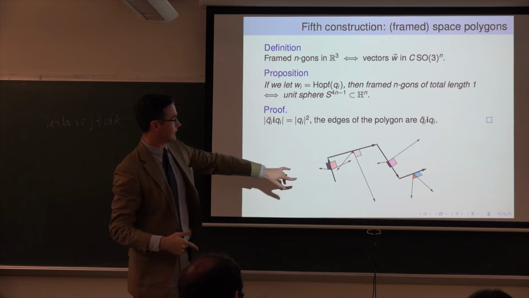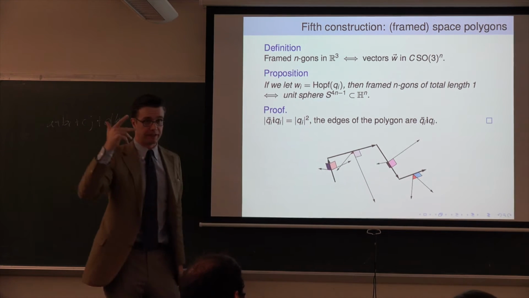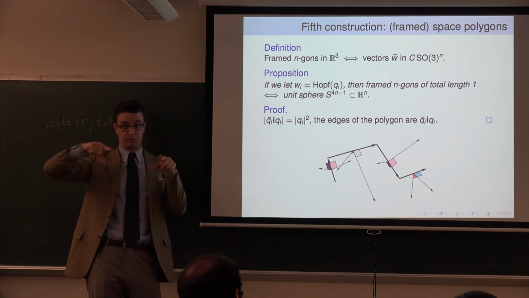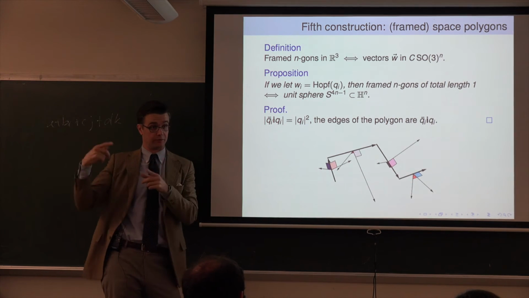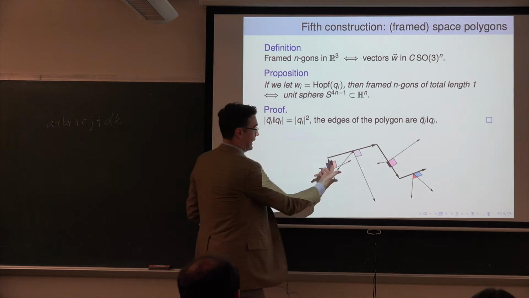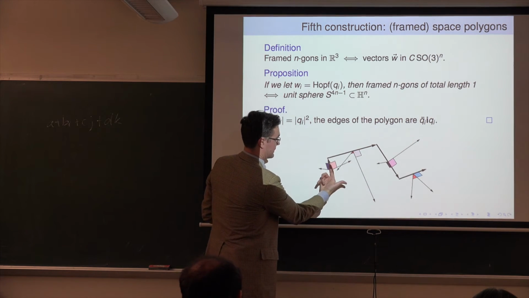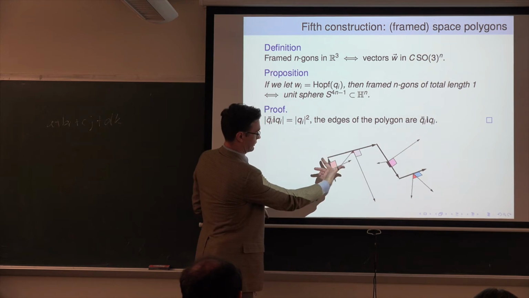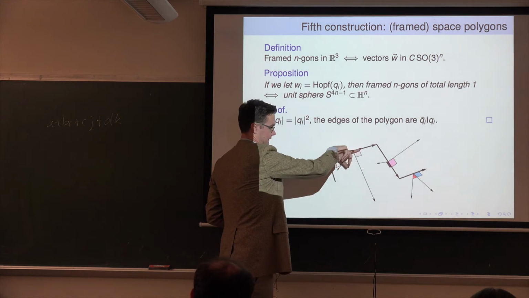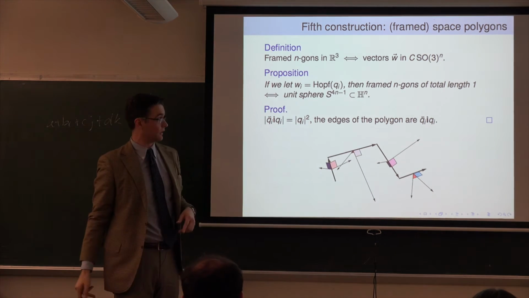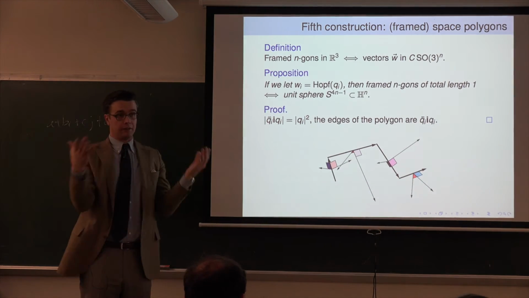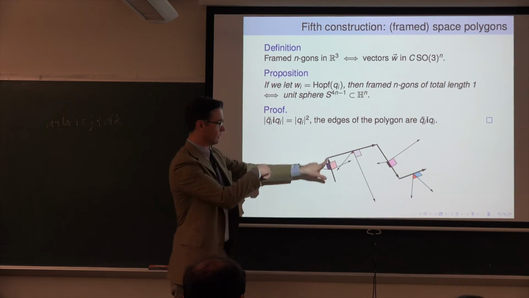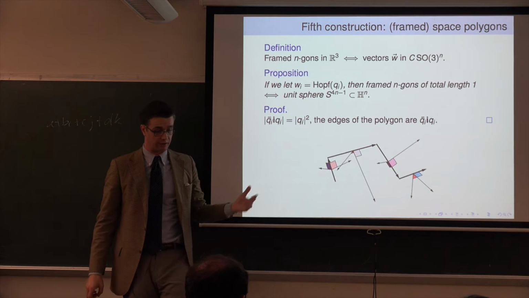I think of each of these edges as really being a 3x3 matrix with perpendicular columns where the norm of each column is equal to the norm of all the other columns. The first column is the edge, and the other two columns are these perpendicular things. The C just means I'm taking the cone over SO3 because I'm allowing the norms of the columns to be something other than 1.